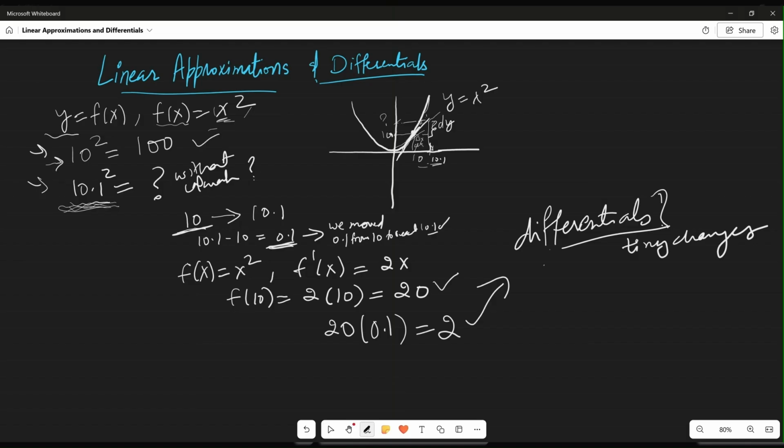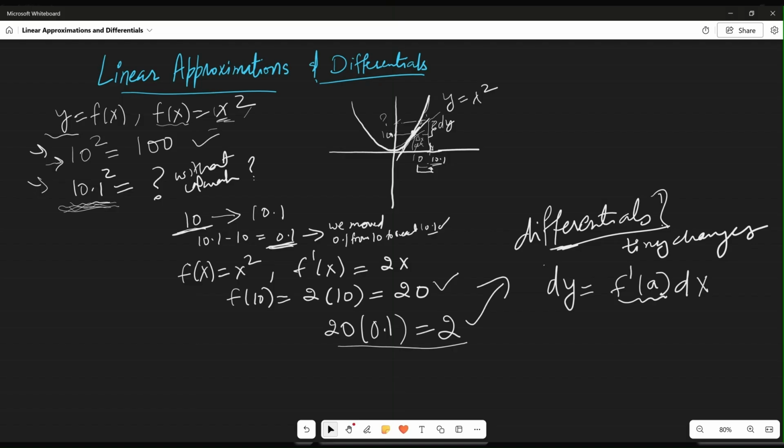Now differentials, this dy, tells us approximately how the function's output changes. Is it going to move up or down on this tangent line? It is the rate of change at that particular point that we already know, multiplied by the change in x, how far we are moving from here to here.